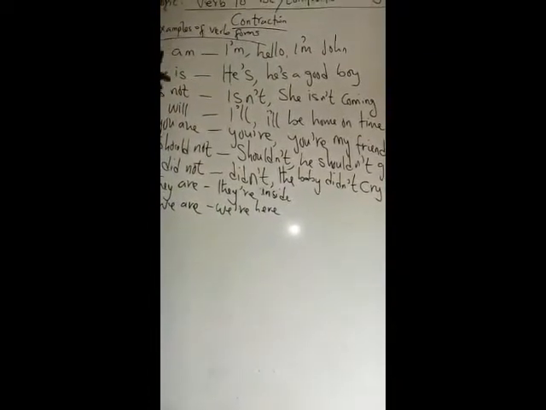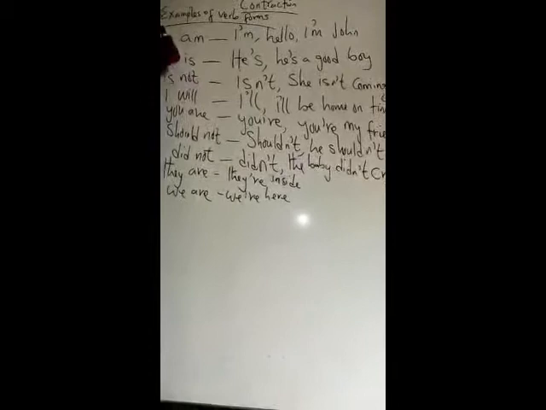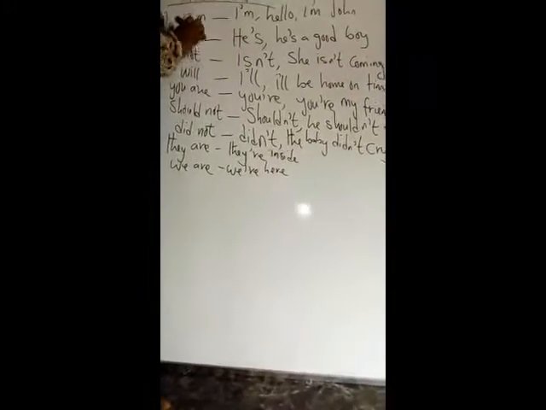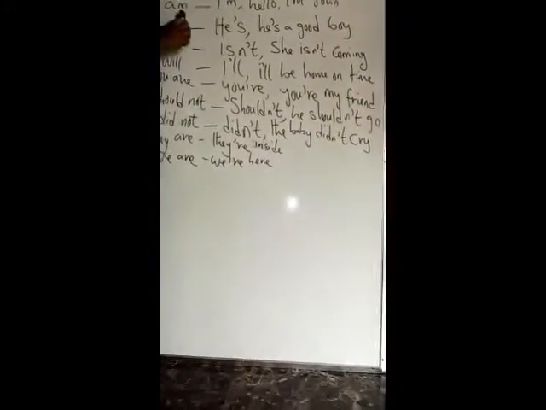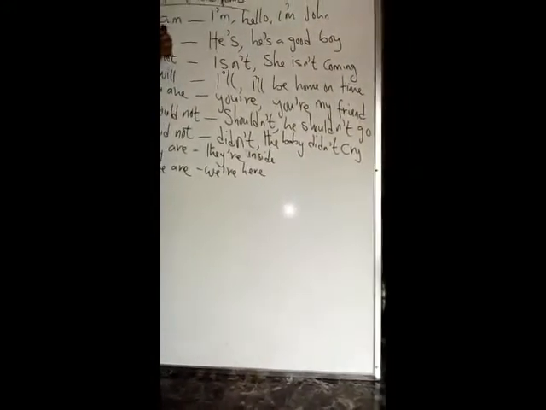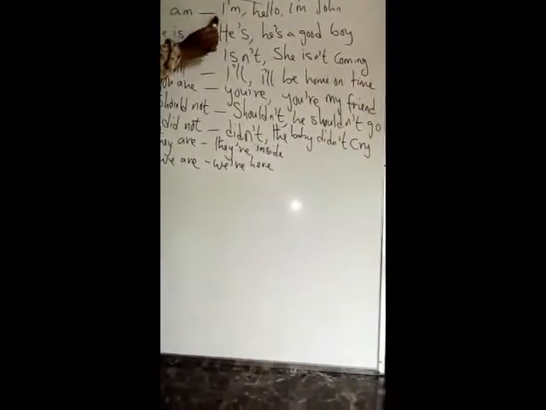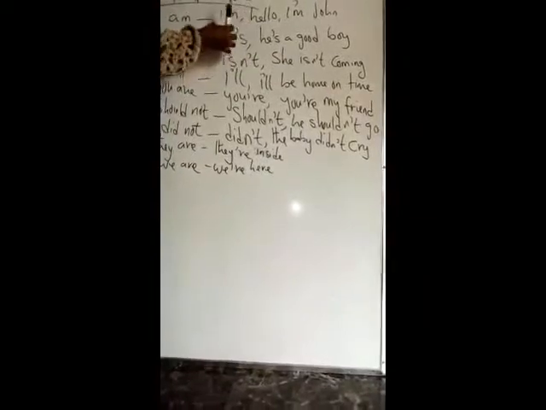See how I shortened it. I am. Look at a pronoun standing with a verb am. I am can be shortened to I'm. I remove the a and put this small comma up, an apostrophe. I'm. Now if I want to make a sentence: hello, I'm John.